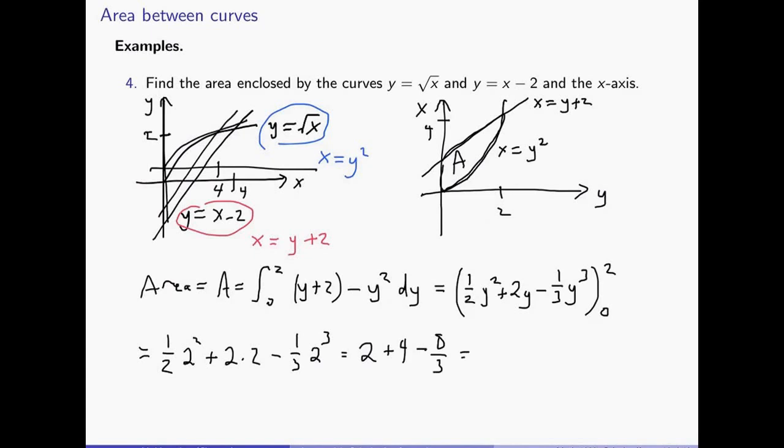So this is, 2 plus 4 is 6. That is 18 thirds minus 8 thirds, and that is 10 thirds, and that is exactly what we had when we did it the other way.